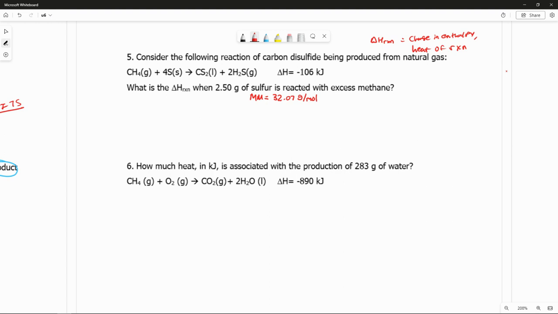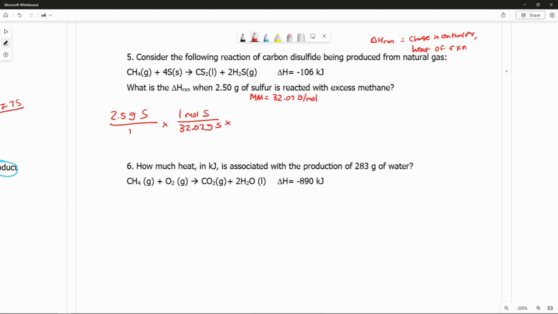We can ignore excess methane because sulfur is reacting with the excess methane, not the other way around. So we always start with our given 2.5 grams of sulfur. For every 32.07 grams of sulfur, we have 1 mole of sulfur.